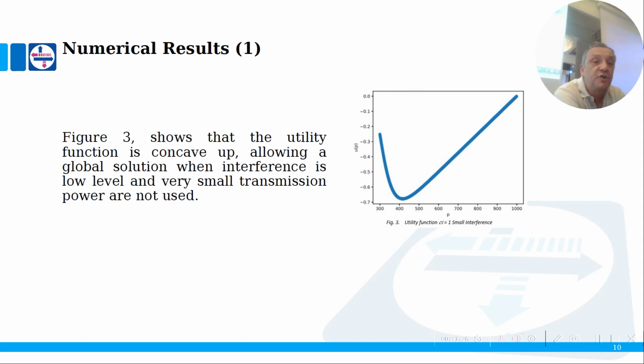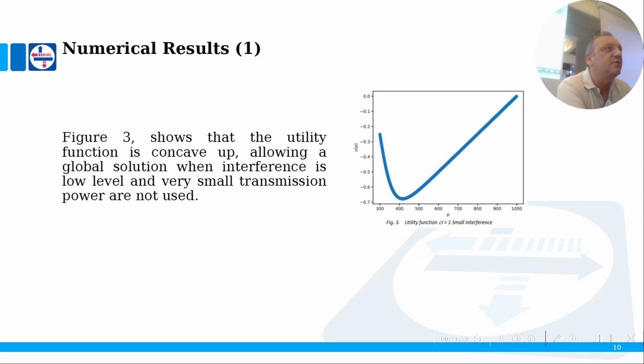allowing a global solution when interference is at a low level and very small transmission powers are not used. Here, what we see is the following, as we will see in the following slide. The packet reception ratio, usually, when we use small transmission power levels, falls to less than 20%, because of the low signal quality and so on.